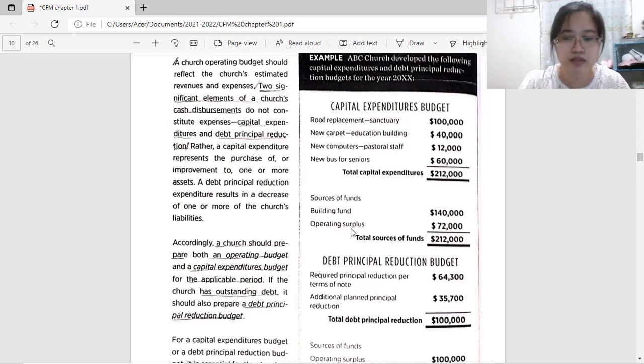Building goes to the building fund, missions goes to the missions fund, vehicle goes to the vehicle fund, and BBBC goes into the BBBC fund, right? Any surplus contributions from tithes and offerings less the operating expenses gives you the operating surplus, and this surplus can be used for other purposes as long as they are aligned with the church mission or purpose.